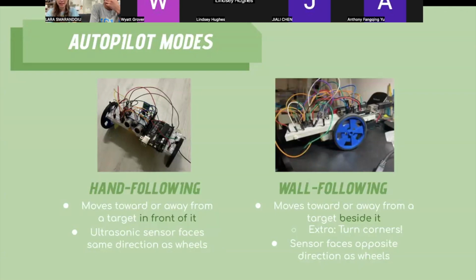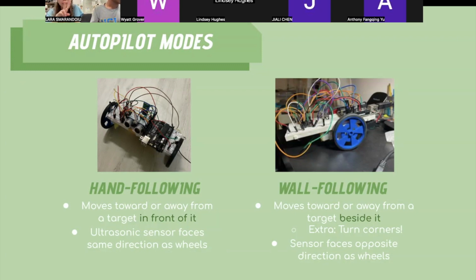Using the sensor, this googly eye looking thing, the sensor will read how far something is away in front of it. And then based on that, it will either move forwards or backwards. It's an ultrasonic sensor called the HCSR04. That's not really important, but that's one option.